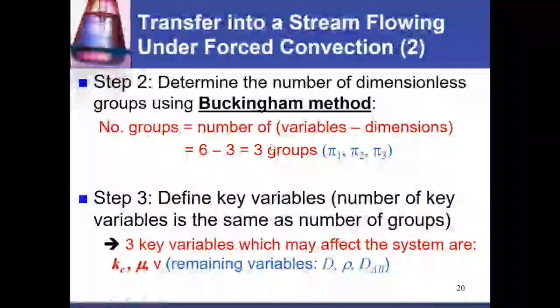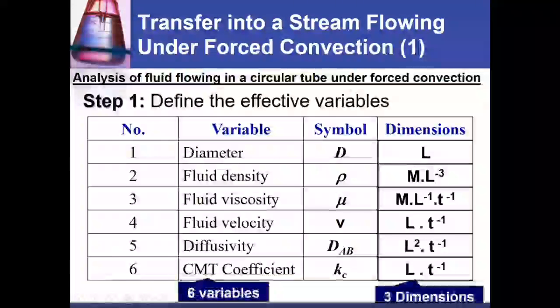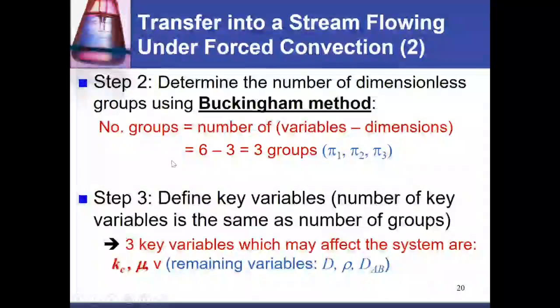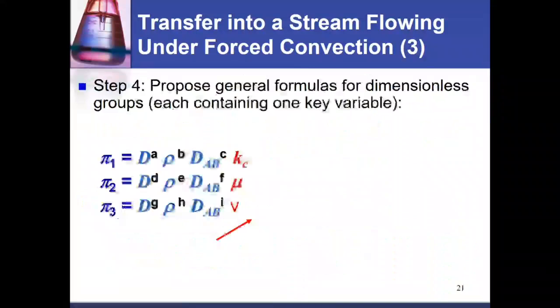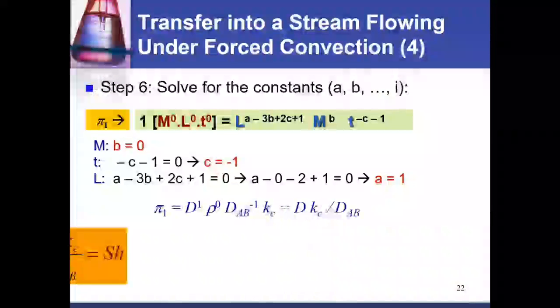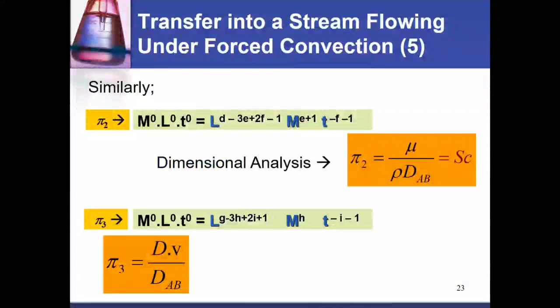We need to get some dimensionless groups based on these variables, and these groups should also give you some common numbers. You can keep this number as is, it is dimensionless, but it's not a known number. We cannot say this is X or Y, or for example Sherwood or Schmidt. We need something that when you tell someone this is Schmidt number or Reynolds number or Sherwood number, they know what you are talking about.